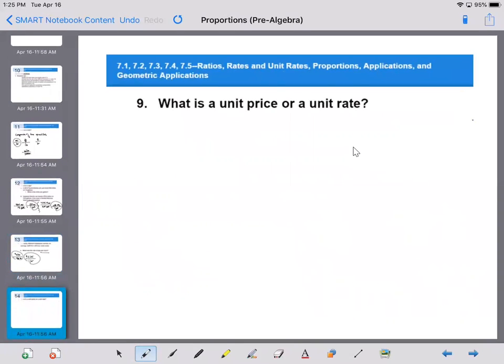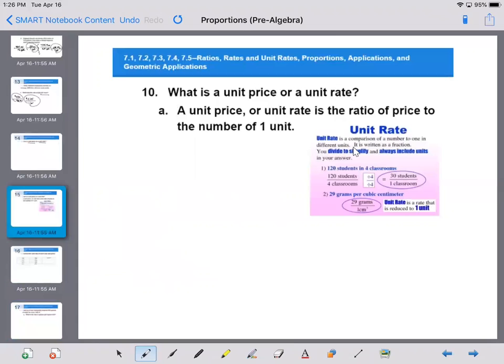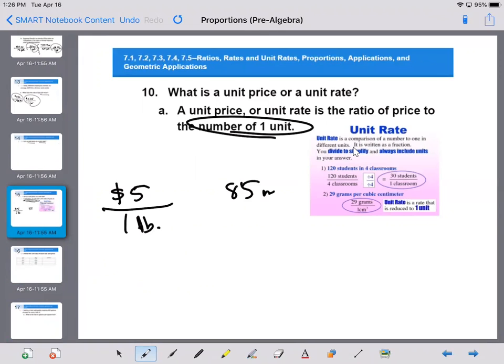And this is the special one. It's called a unit price, or unit rate. So anytime you can get the denominator to be 1 unit, then you know that you've written it in the form of a unit rate. So $5 per 1 pound, 85 miles per 1 hour.